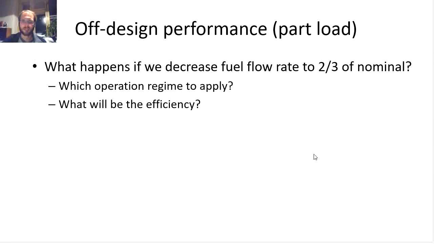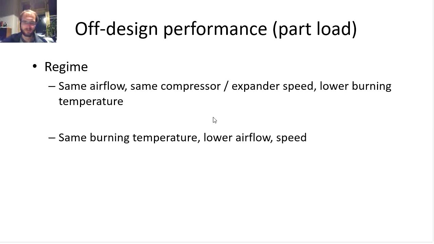Now, in the second part, we will have a look at what happens in the off-design performance, or also in part load. Specifically, our task will be to see what happens if we decrease the fuel rate to 2/3 of the nominal. And we will see which operational regime would apply and what would be the resulting efficiency.